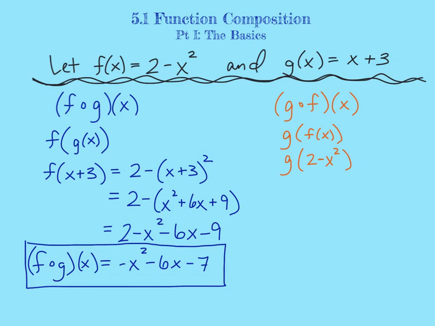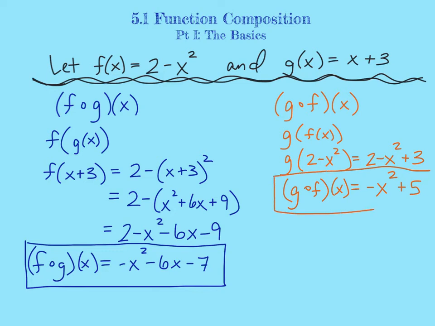So to find g of 2 minus x squared, we are doing 2 minus x squared and adding 3 to it. So we'll end up writing it in the same way that I described before. We'll get negative x squared plus 5. So g of f of x is negative x squared plus 5. It is a quadratic binomial.